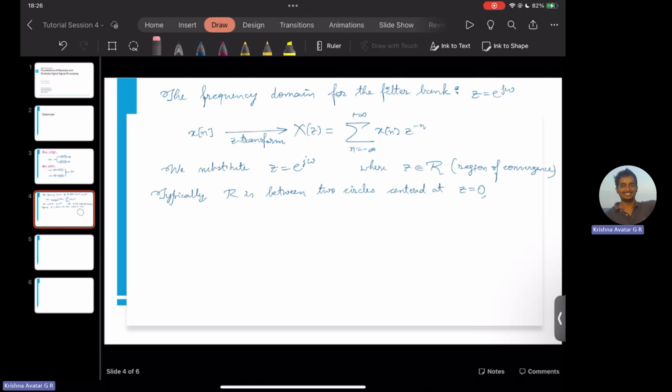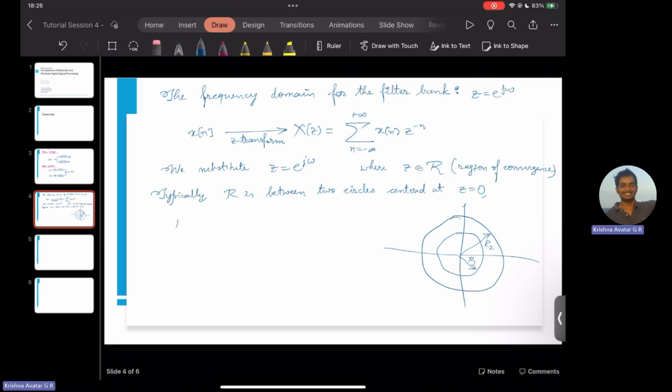So say we have a circle here centered at the origin, and another circle. The inner circle is of radius R1, and the outer one is of radius R2, right?